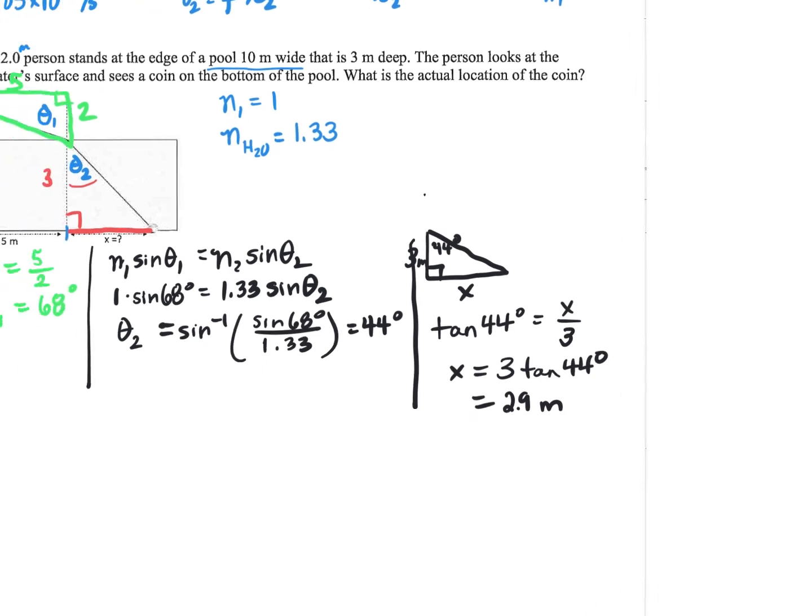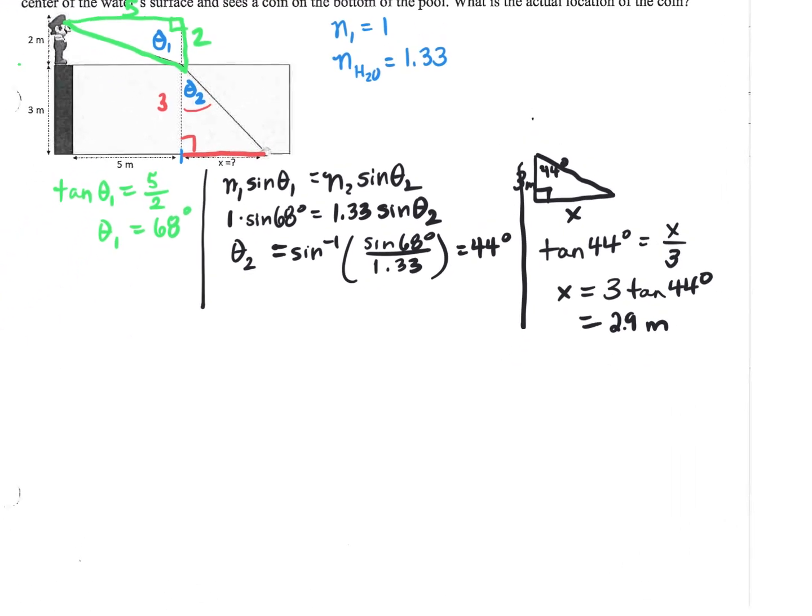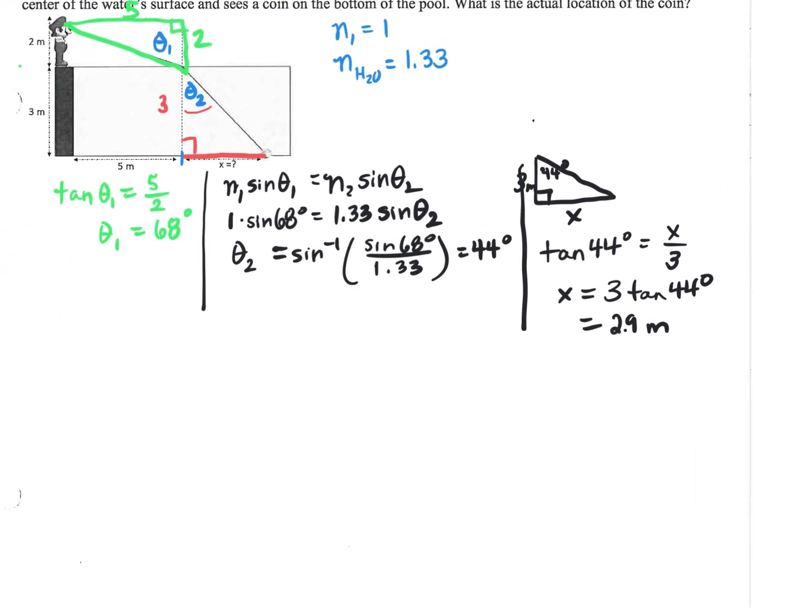Now, what's the actual location of the coin? That's not the actual location of the coin, is it? That's just this. Let's answer the actual question. Location of coin is going to be the 5 plus the 2.9, isn't it? Location of the coin is here.